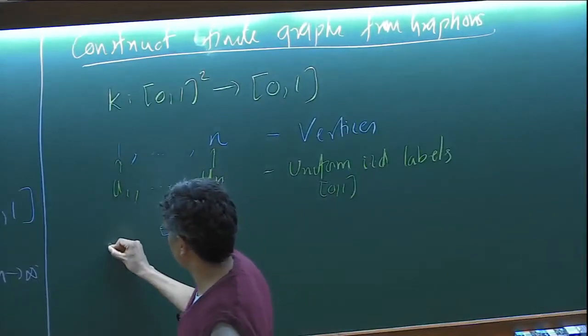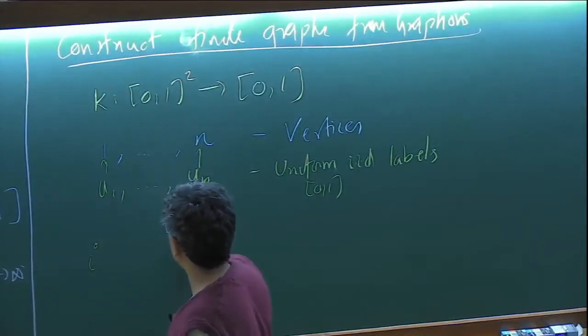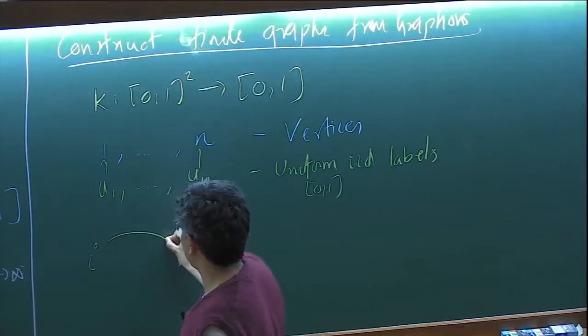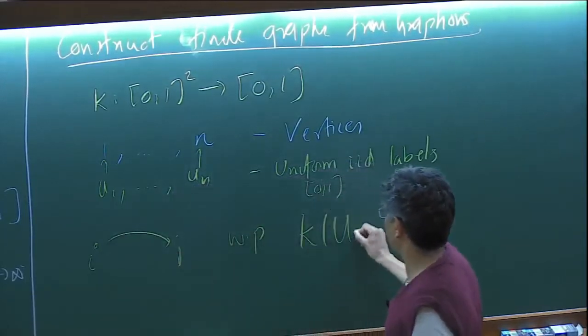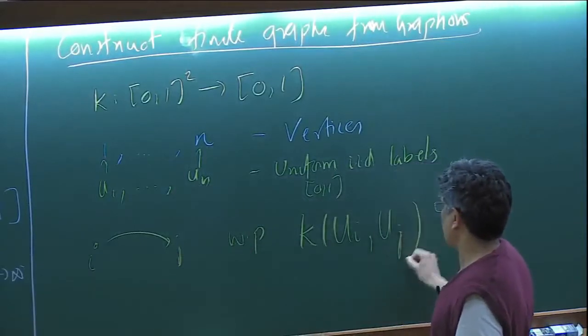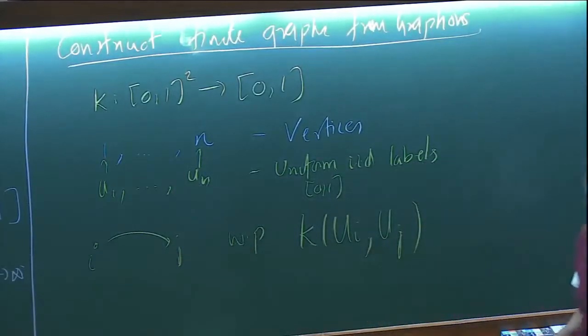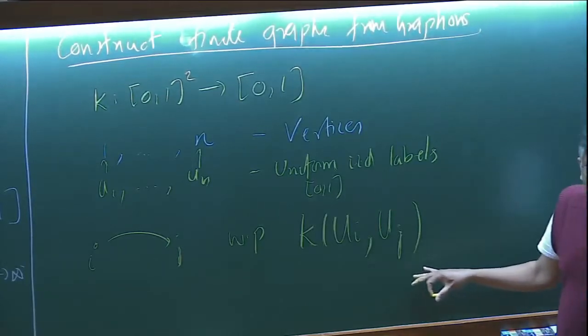And then you have a vertex i and a vertex j. You connect an edge with probability kappa(U_i, U_j), between two vertices.